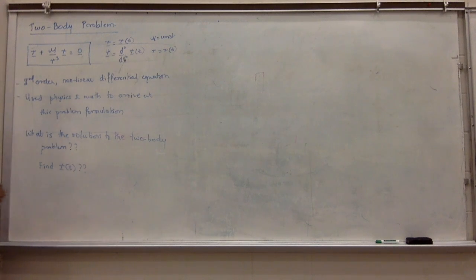Okay? That's what your solution is. So if you have a differential equation, let's say c double dot plus something, the solution will give you a value for that c. You remember? Yes. So now you have to find a solution for this R of t. Okay?